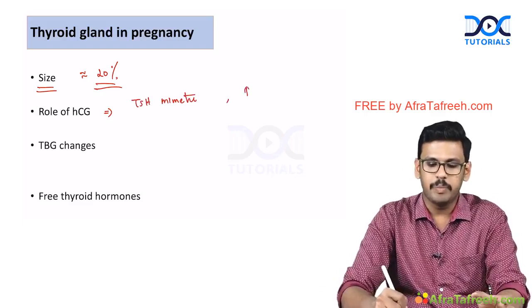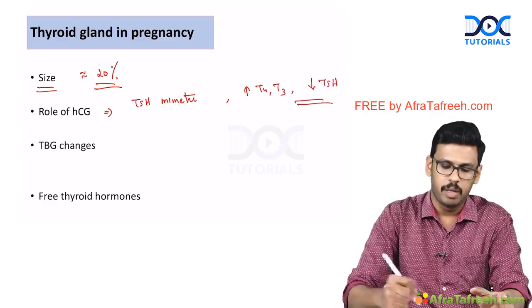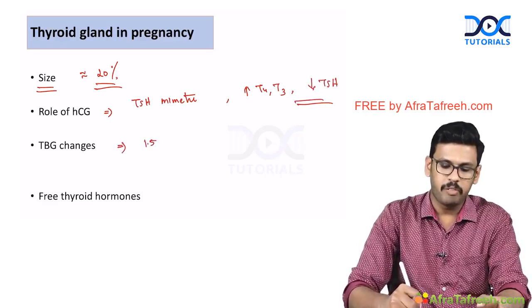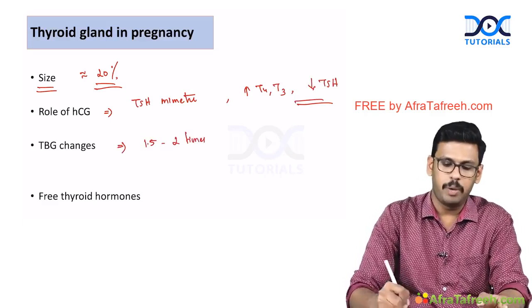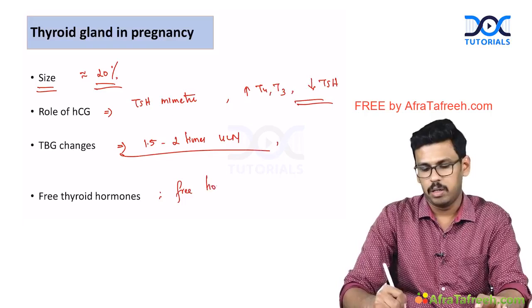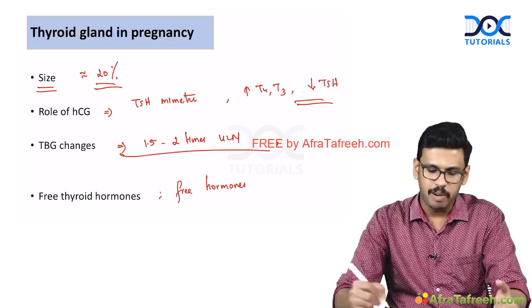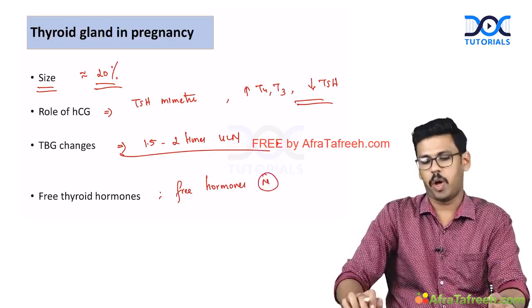Thereby, it increases the T4 and T3 levels and cause suppression of TSH. And the TBG increases 1.5 to 2 times the upper limit of normal, and the free hormones are normal. The total hormones are increased due to the increased TBG level, but free hormones remain normal.